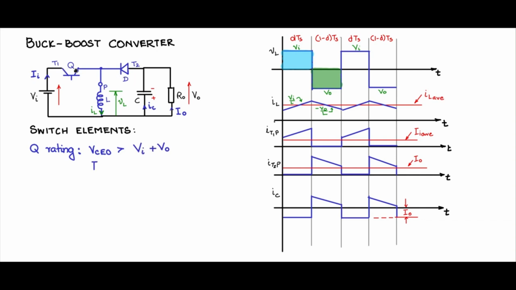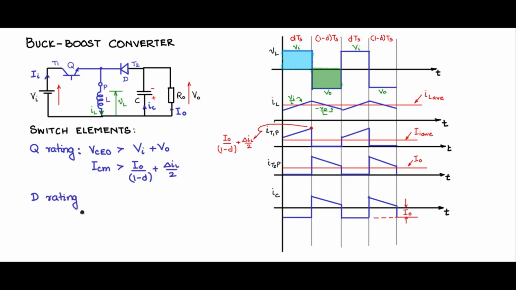For ICM, the current through that, we see IT1P. This is the peak current, and we know this is IL average plus delta IL by 2. IL average we know is I0 by 1 minus D. So ICM is I0 by 1 minus D plus delta IL by 2.